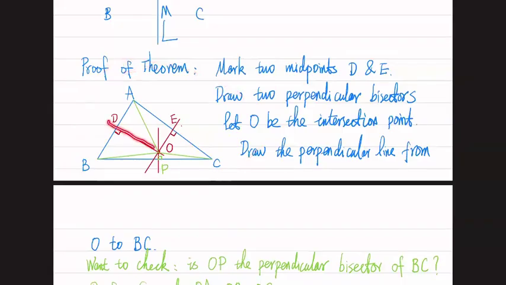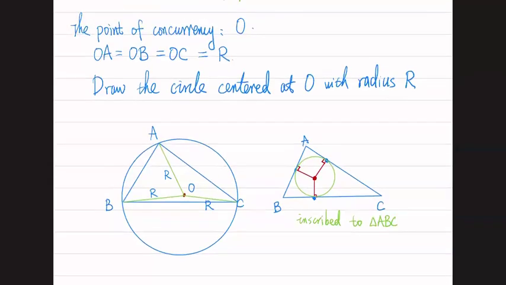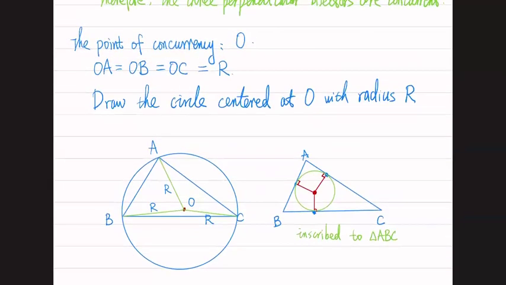The perpendicular bisector, perpendicular bisector, perpendicular bisector, they are concurrent, and O is the point of concurrency. After this, I erased them because it's too many lines. Still, this is the point of concurrency of the three perpendicular bisectors.